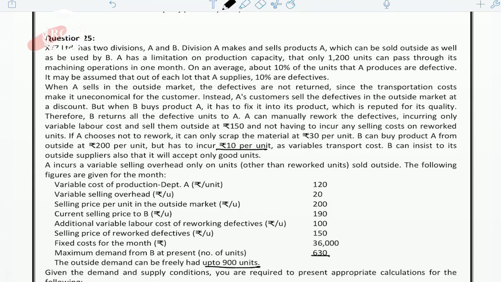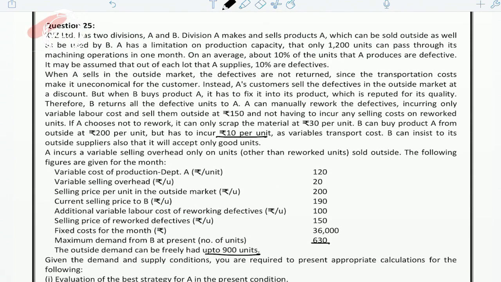Yes, do go through the question, guys. I will tell you why the question is very interesting. First read the question, guys.